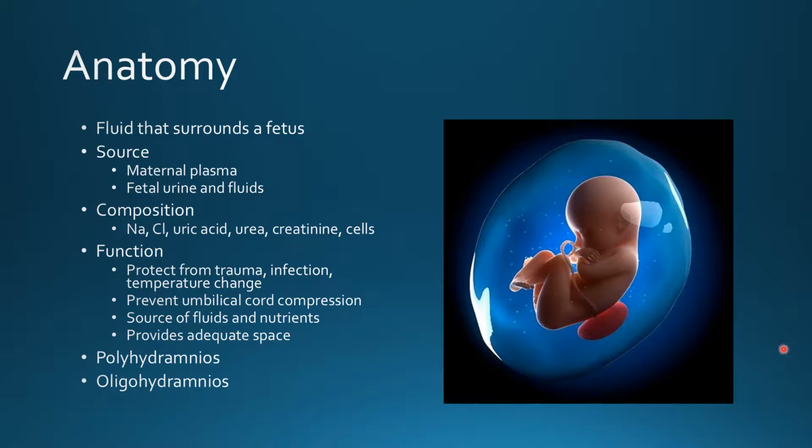There's a lot of different sources, actually, as the fetus develops. The source of the fluid is going to change throughout the pregnancy because, of course, the fetus changes throughout the pregnancy. Very early in the pregnancy, literally in the first months, the amniotic fluid that's produced is actually an ultrafiltrate of the maternal plasma.